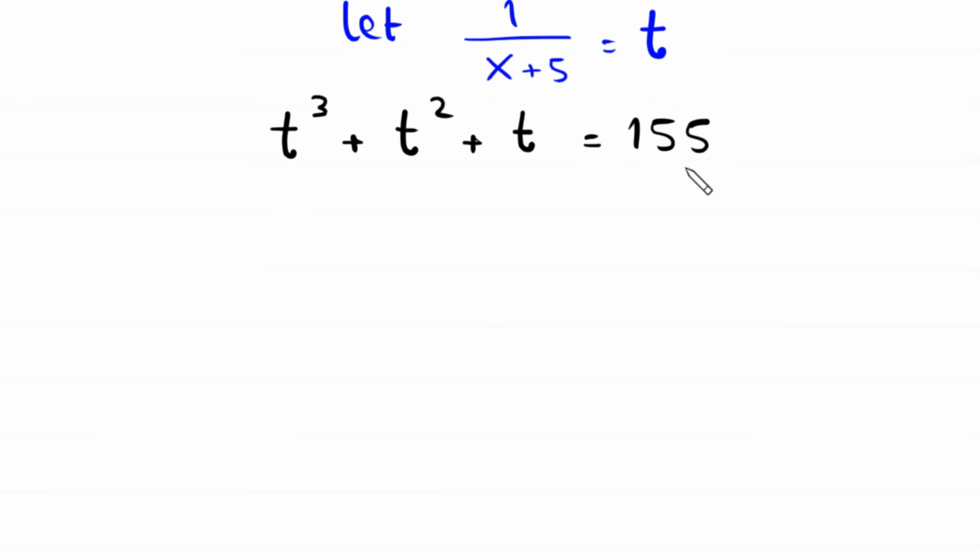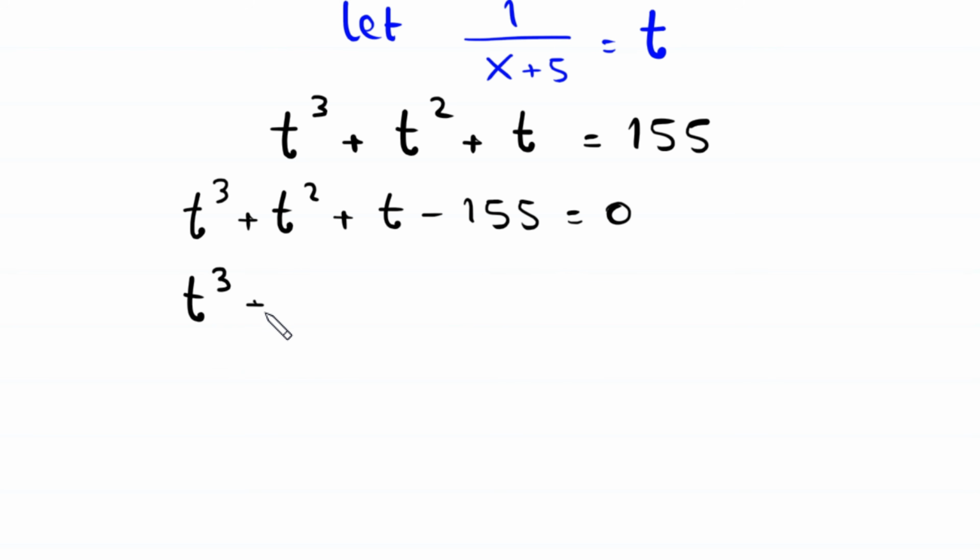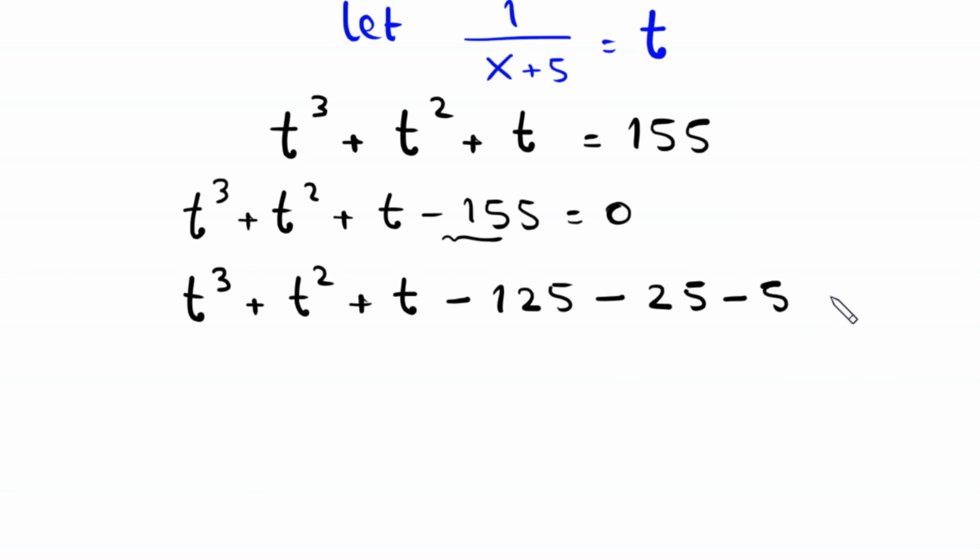Move this 155 to the left hand side. This will become t cubed plus t squared plus t minus 155 equal to 0. Next, this negative 155 can be written as negative 125 minus 25 minus 5 equal to 0.